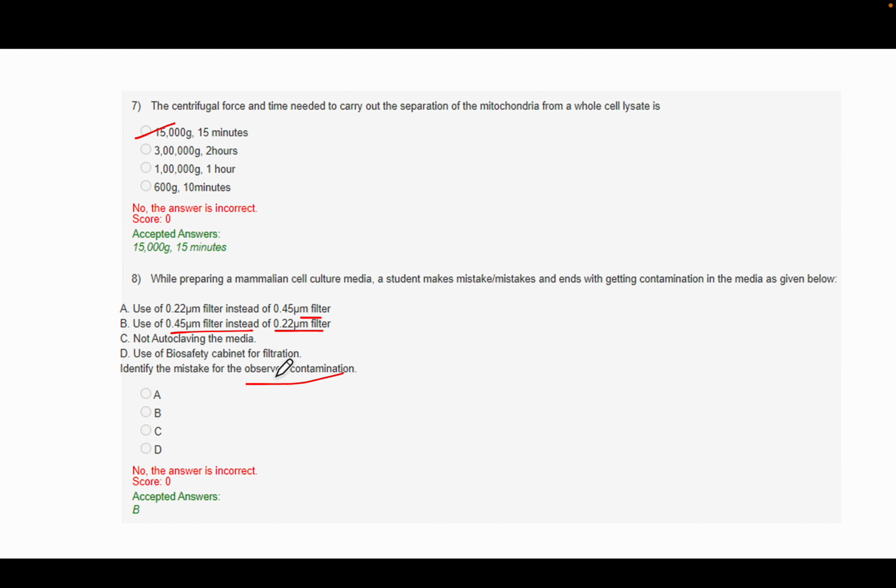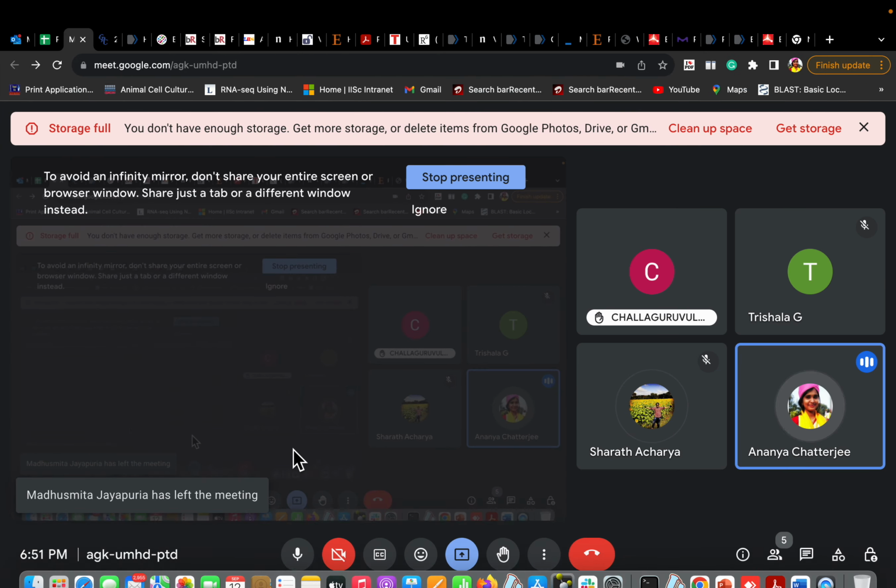So while making a media, they made a mistake in getting contamination in the media. If they would have used 0.45 micron filter, then those larger particulates would have passed through the membrane into the media. So this is the mistake that he or she has used 0.45 micron filter instead of 0.22 micron filter.